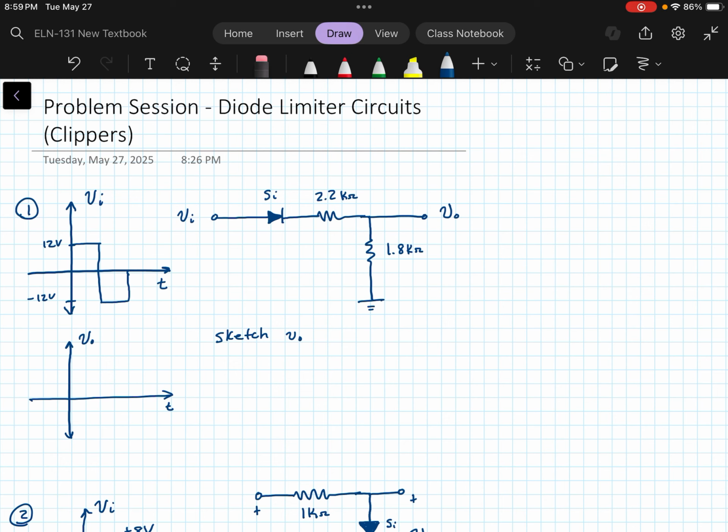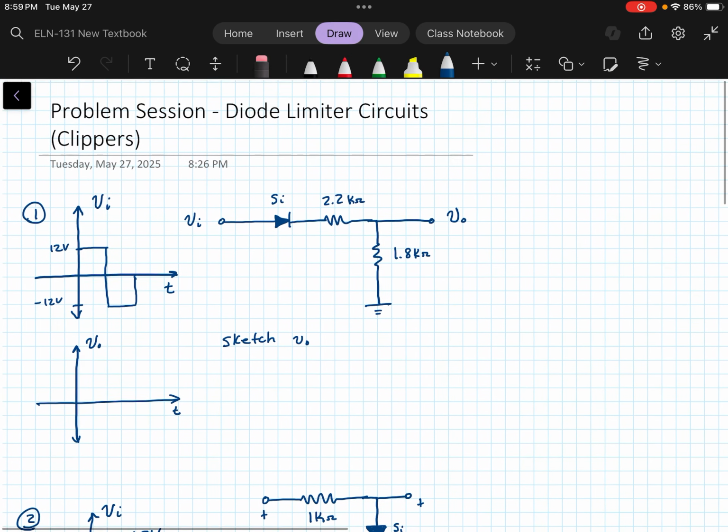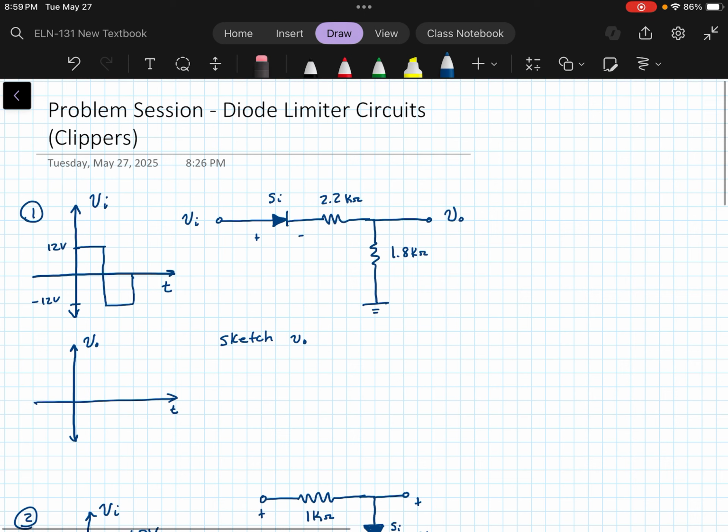So the first thing you always want to do is to identify when the diode is on, because at that point you're going to have current flowing through the diode. So that's pretty important. We know that we need to get above this barrier potential of 0.7 volts on the left side of the silicon diode, on the anode side.